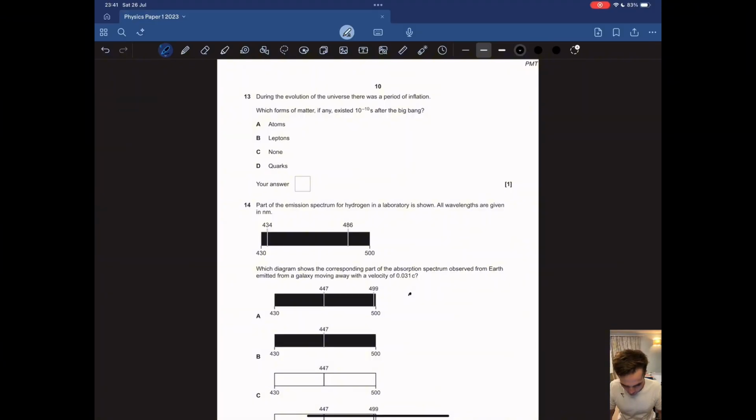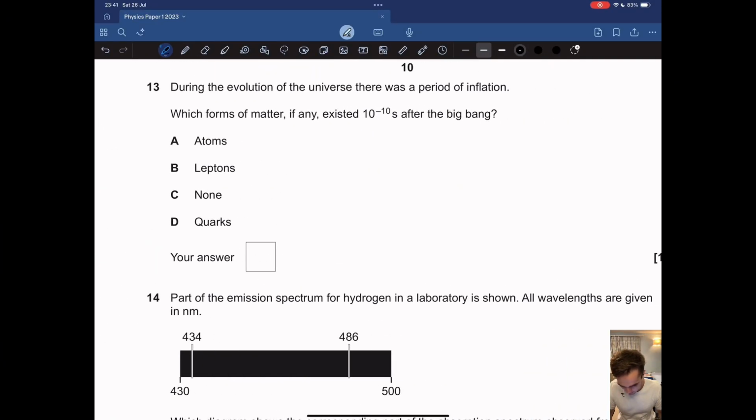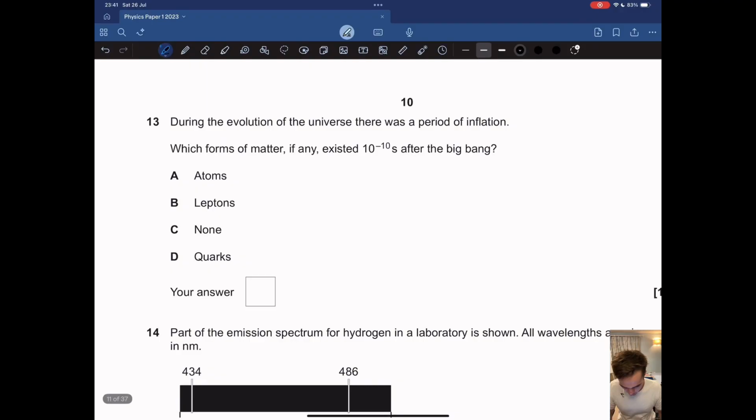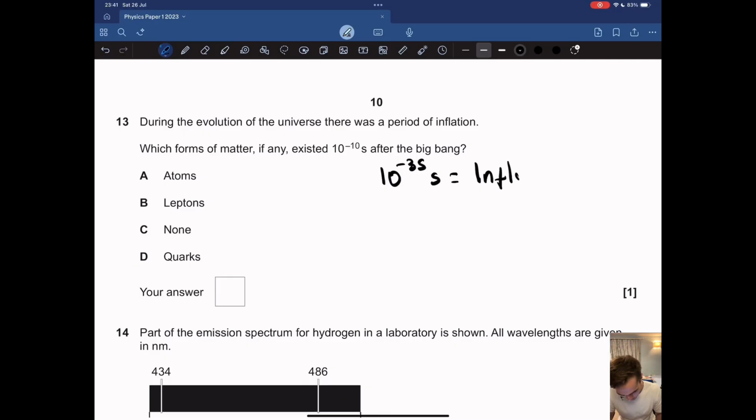Question 13. Unlucky question 13. During the evolution of the universe, there's a period of inflation. Which forms of matter, if any, existed 10 to the minus 10 seconds after the Big Bang? So, knowledge drop. 10 to the minus 35 seconds equals inflation. Just like the economy, baby.